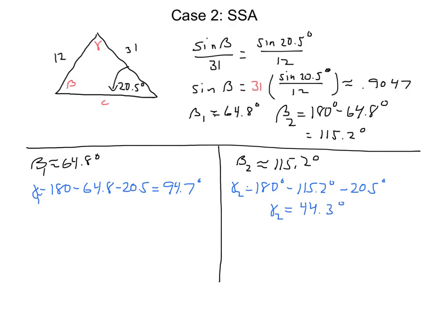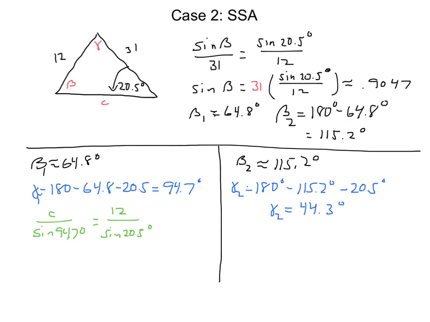Now the last thing I will need to do is find the length of C. I can use the law of sines again, and I know that C over the sine of 94.7 degrees is going to be equal to the two pieces that we know, 12 over the sine of 20.5 degrees.